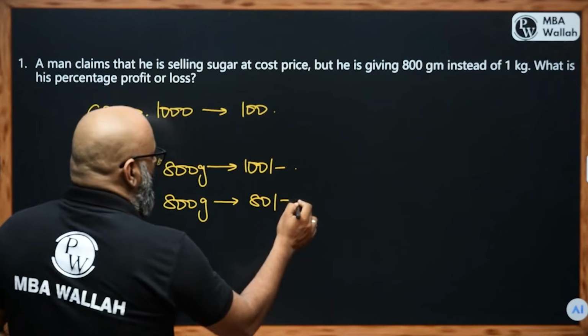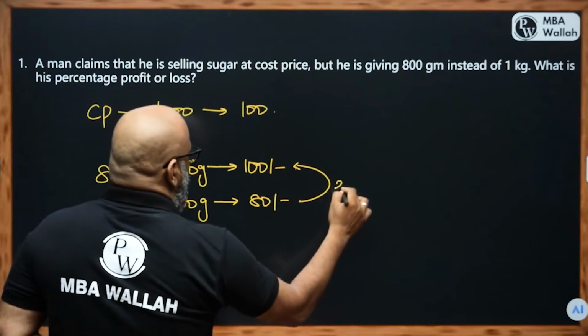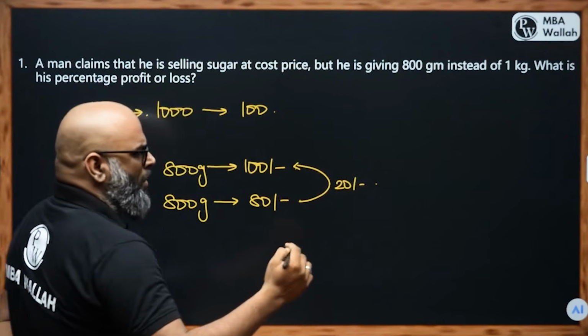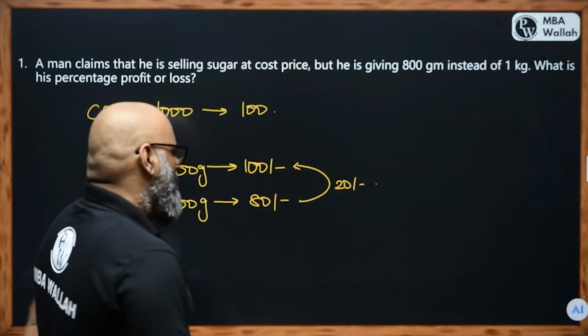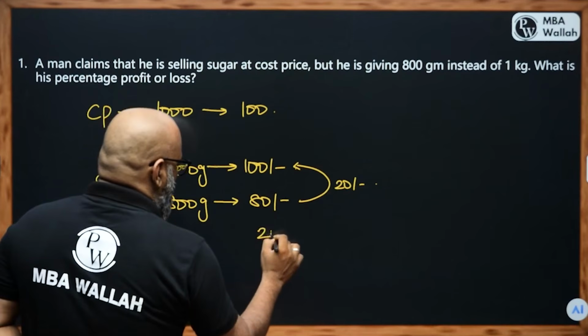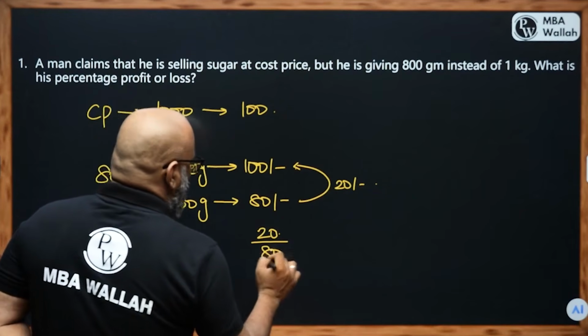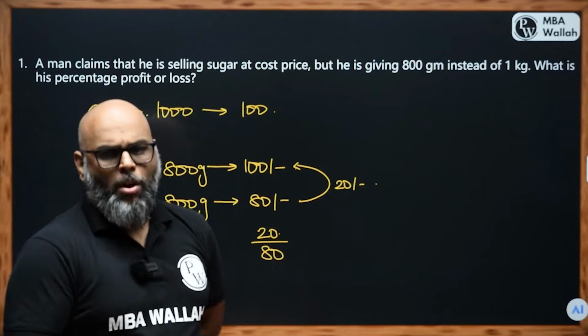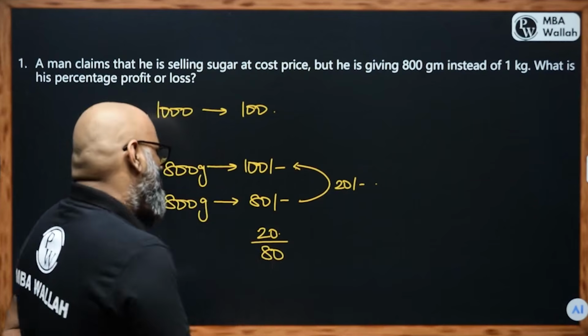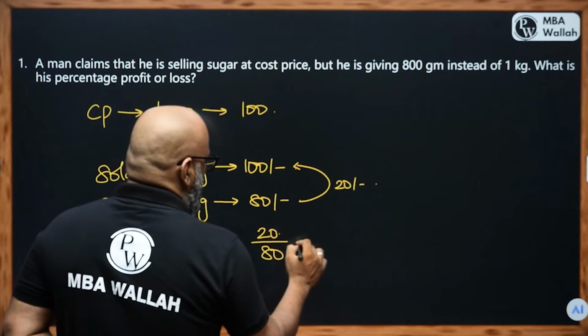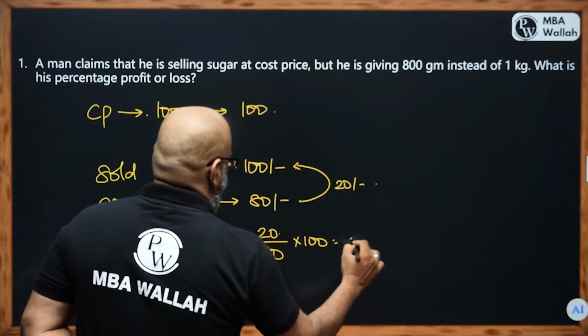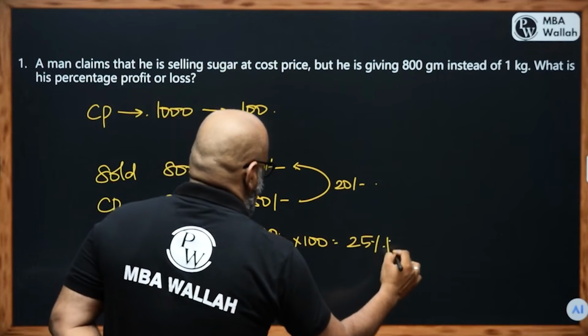That means on this transaction, he's making a 20 rupees profit for every 800 grams that is being sold. So this 20 rupees out of every 80 rupees that he's supposed to get will be our profit then. So 20 divided by 80 into 100, that will be 25%.